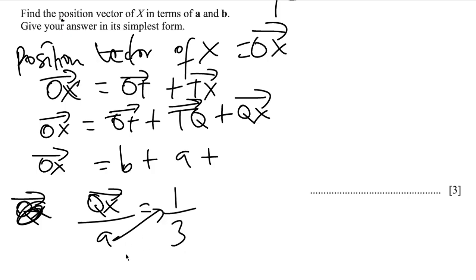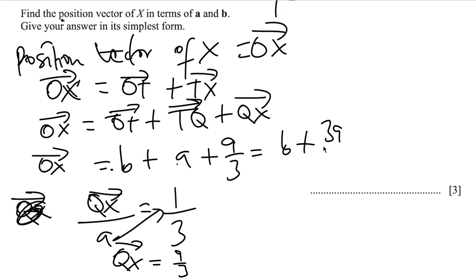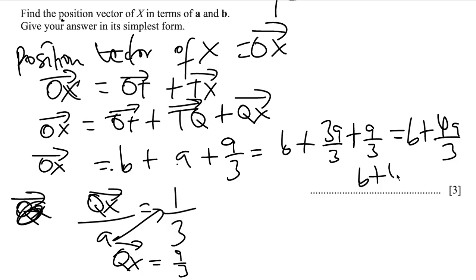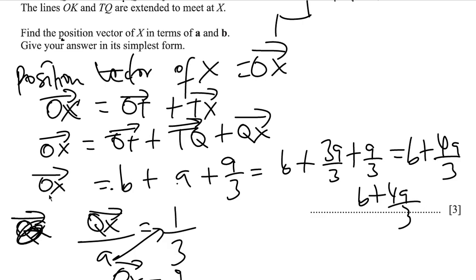If we multiply through by a, we have that QX is equal to a over 3. So OX is equal to b plus a plus a over 3, and a can be written as 3a over 3 plus a over 3, so that's b plus 4a over 3. That's the position vector of X in terms of a and b.